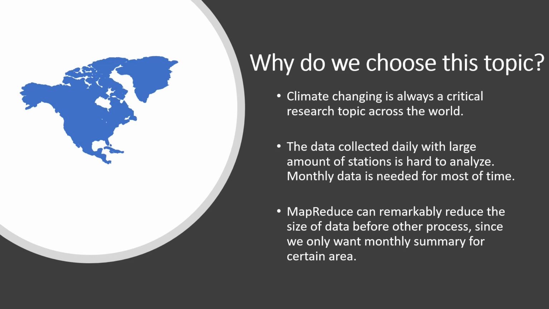When you research climate, you really want the data summarized either in months or years. So that's where we found MapReduce can remarkably reduce the size of data before other processes, like storing it into a database or displaying it, in our case.